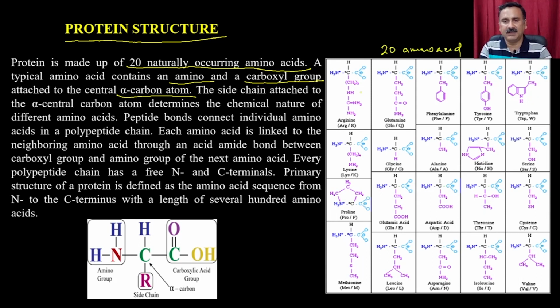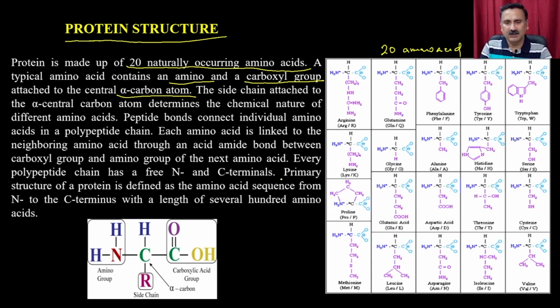What you see here are the side chains of the different amino acids, and as you can see, some are positively charged, some are negatively charged, some are hydrophobic, some are hydrophilic, some are polar groups and so on. All these amino acids join together with the help of the peptide bond, and that constitutes the primary structure.